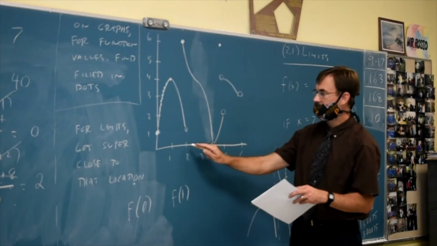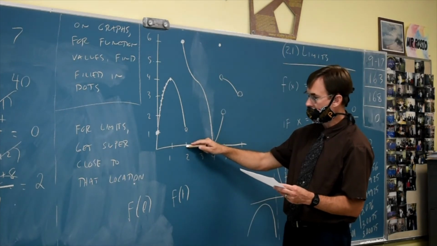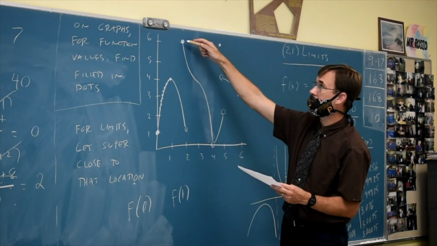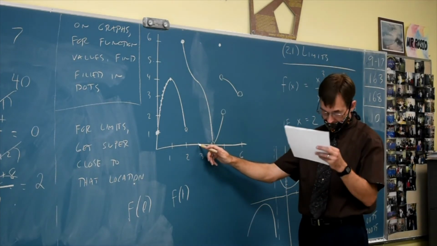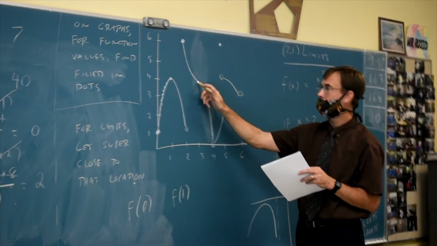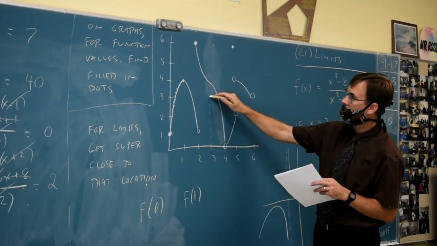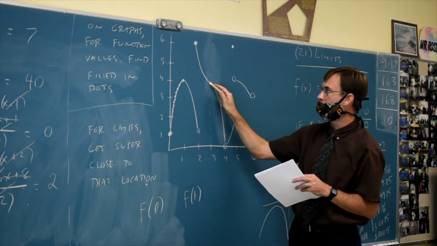Sorry about that. If you follow your paper graph, lined up with 2, how high are you? 6. How about lined up with 3? 4, roughly. Track up. Roughly, that lines up with 4.